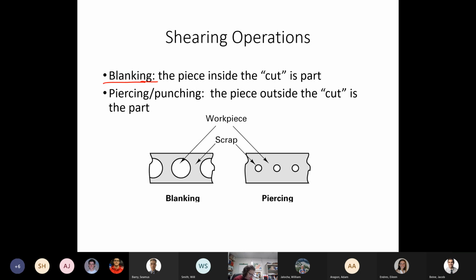If what's inside the circle becomes the workpiece or the part, that would be called a blank, and that would be called a blanking operation. If what's inside the cut would be the hole, or is the scrap, that would be called piercing or punching.